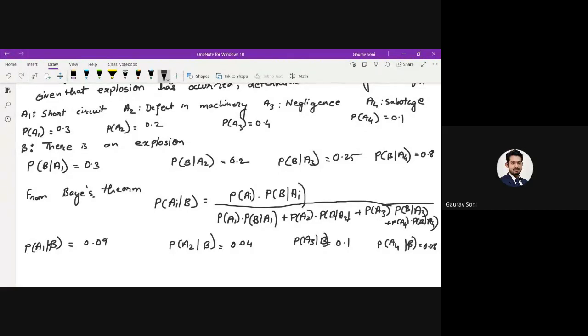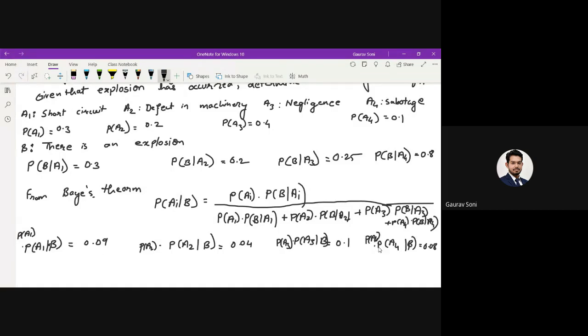This is probability of A1 into probability of B when A1 has occurred. Yes, it is this. Probability of A1 times probability of B when A1 has occurred, and just like that. Maybe I did it wrong. Probability of A4 into this.